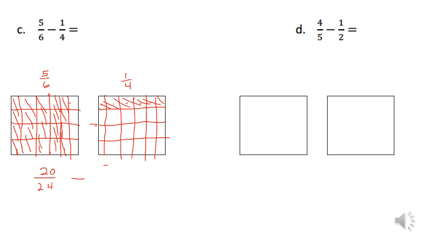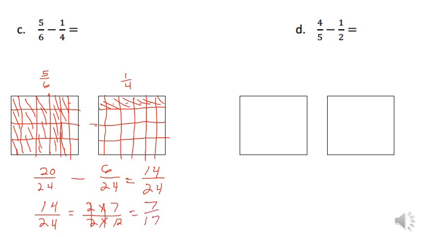So when we have 6 shaded out of 24, 20 minus 6 is 14/24. Now they're both even, so I know they're not in simplest form. So I can take 2 times 7, which is 14, and 2 times 12, which is 24. Take out our common factors. We know our reduced form is 7/12.